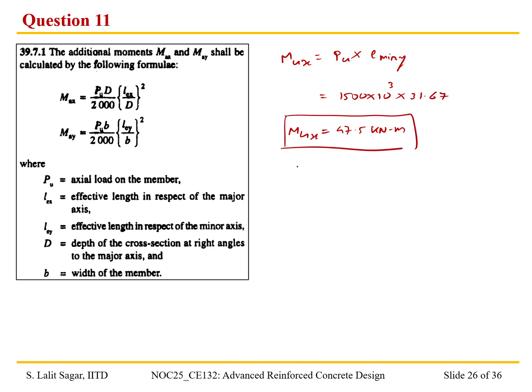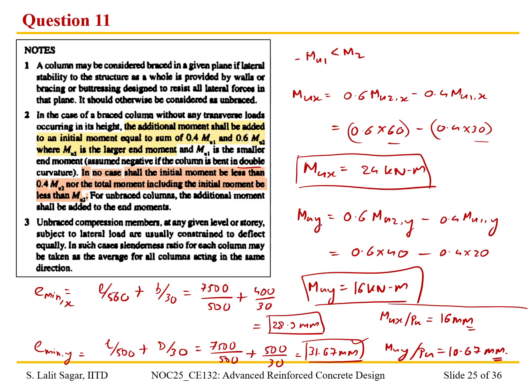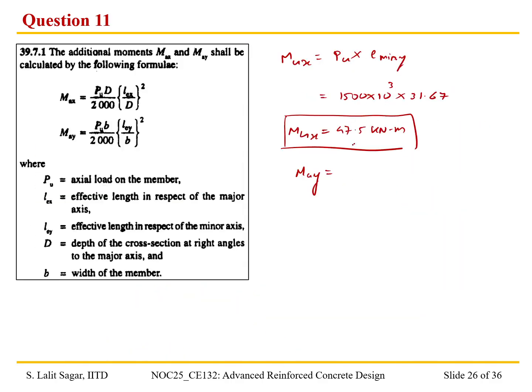After that, we need to find out the value of Muy. As per the IS code, once we have used the minimum eccentricity for one, you can keep the other one as it is. So we can retain the Muy as 16 kilonewton meter. There is no need to consider the minimum eccentricity along both axes. So x-axis is the major axis and y-axis is the minor axis.